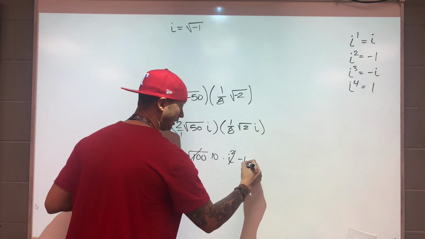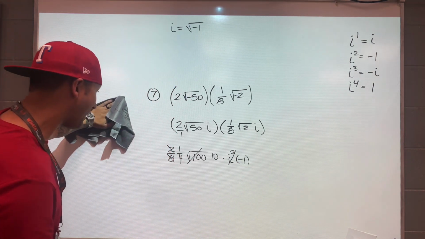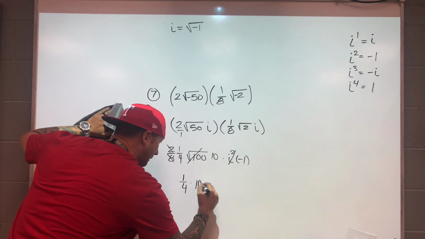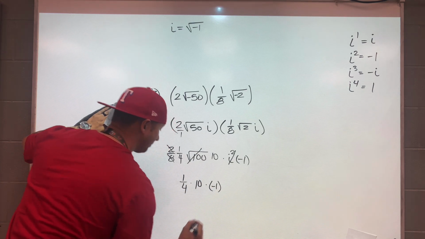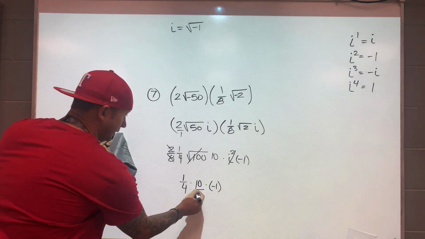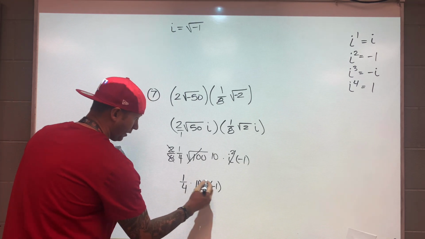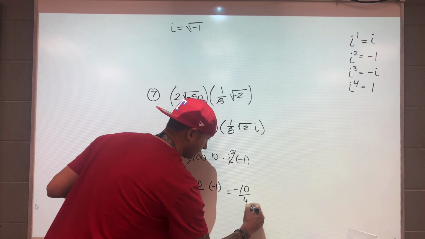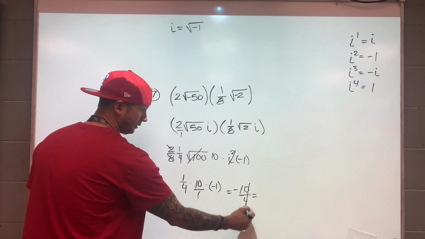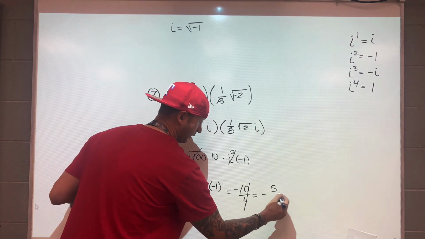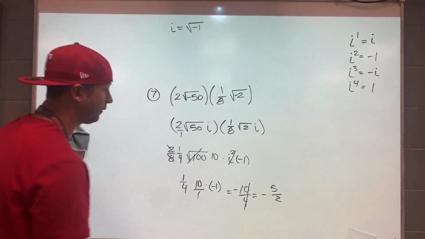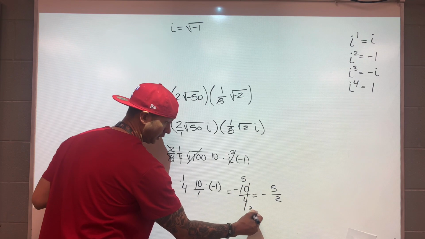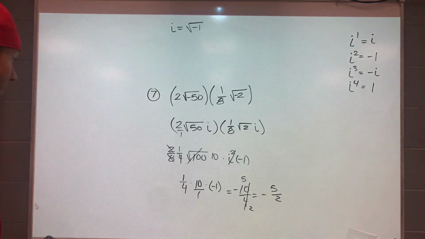That's basically -1. So what do I got? I have 1/4 times 10 times -1. 10 is really over 1. So I'm going to get -10/4. But this is going to cancel. -5/2. Right? Because 2 goes into 10 5 times, 2 goes into 4 2 times.